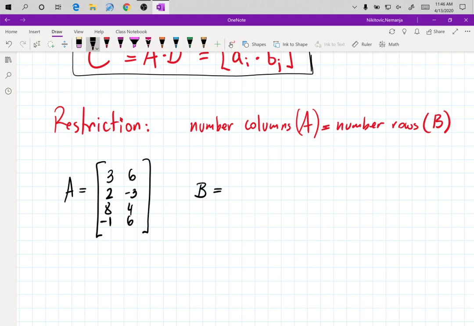Let's first define B. Now B can be any matrix, but since A is 4 by 2, the number of columns is 2, so B has to have 2 rows, because the row from the first goes onto the column of the second.